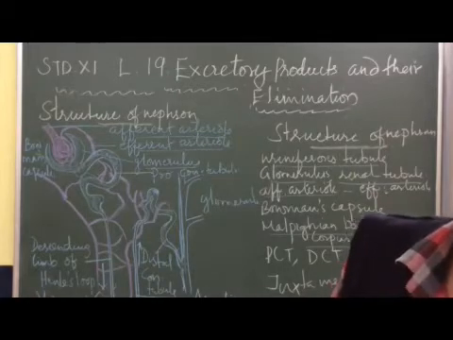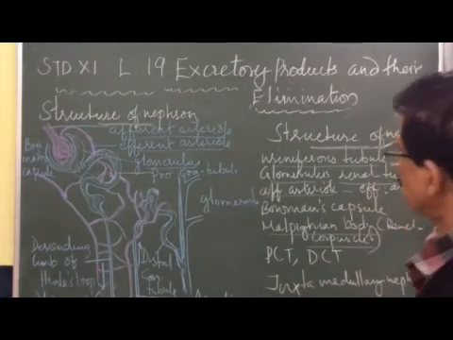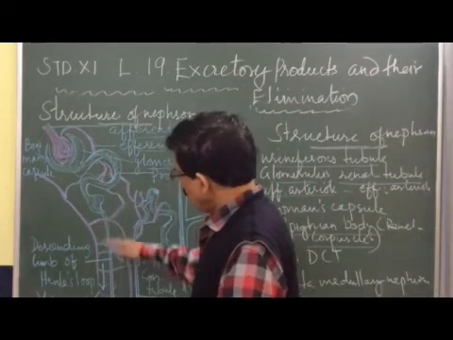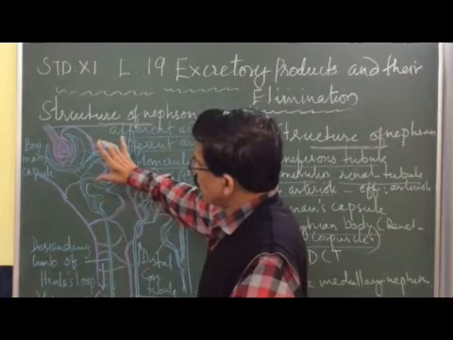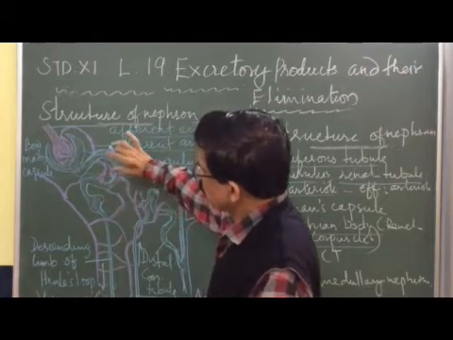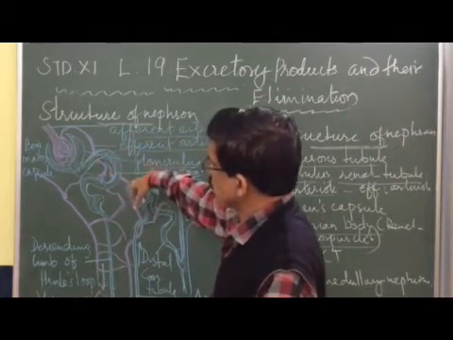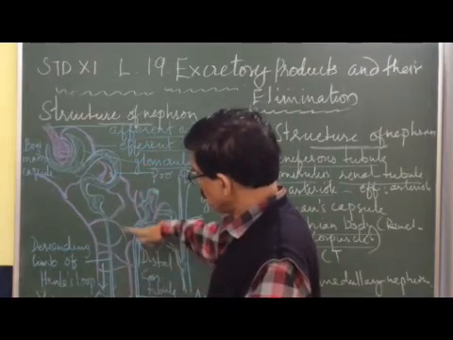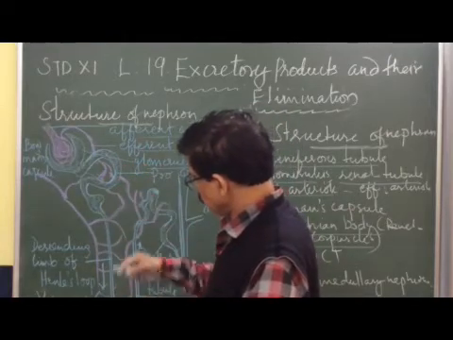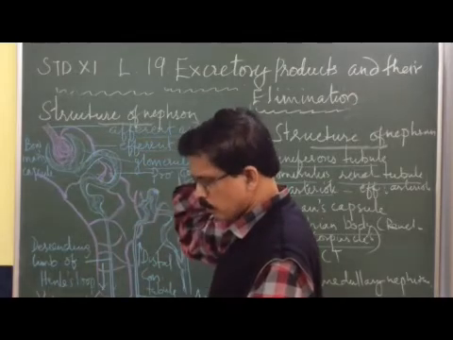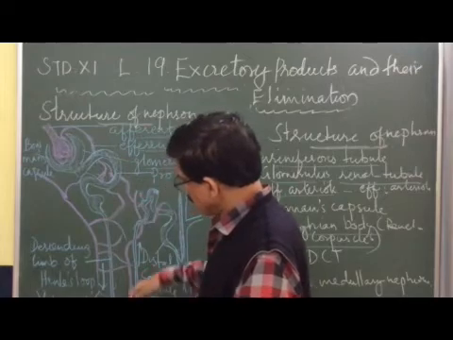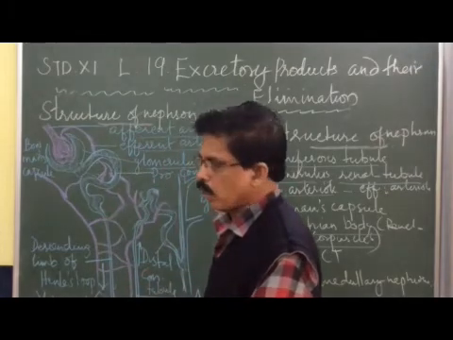And there is one important point you have to remember. The Henle's loop is very long in some cases. The Bowman's capsule and the glomerulus are in the cortical region, and the remaining part of the nephron, the Henle's loop, is very long or short. If the Henle's loops are very long, then they will protrude into the medulla.